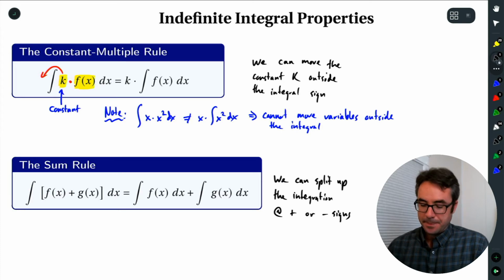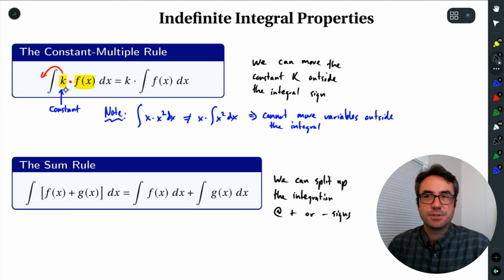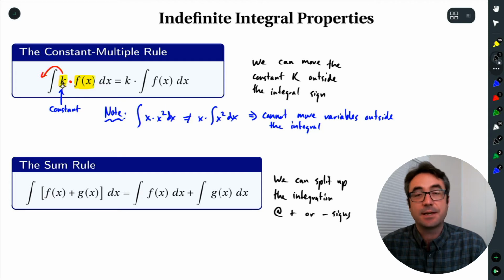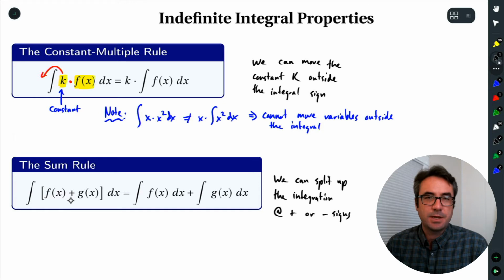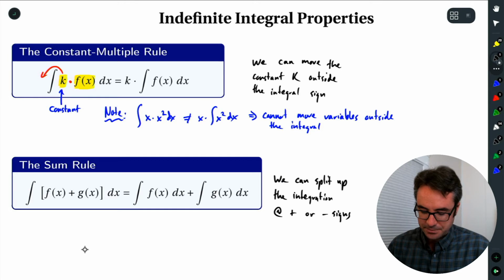We call this the sum rule, but really this also works if we had a subtraction here, because we can think of subtraction as just multiplication by the constant -1. So the sum rule works if this is a plus or a minus. If we take these two rules together, the constant multiple rule with the sum rule, a lot of times we call this term by term integration.